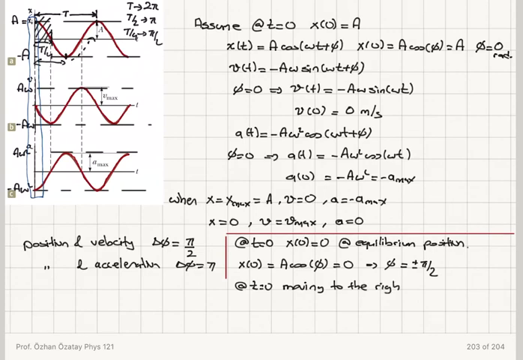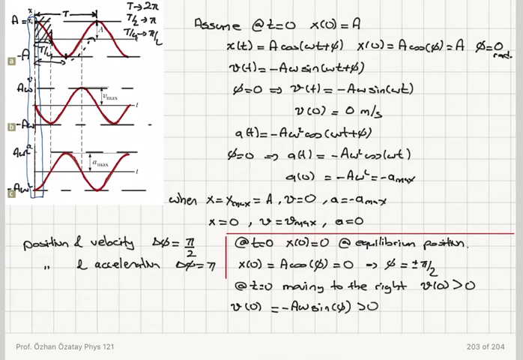Now, if I also tell you that at t is equal to 0, the particle is moving to the right, that is to say, the sign of the velocity is positive. So it's going to be a positive velocity moving to the right.